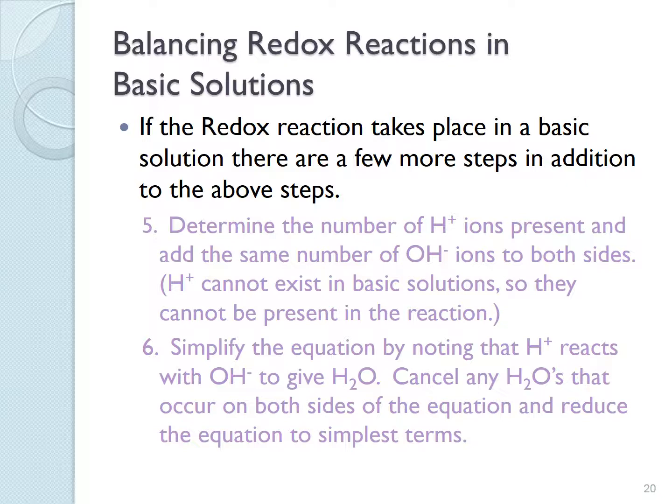So we're going to rewrite the OH- and H+ as waters. And then finally you just cancel H2Os because they'll end up showing up on both sides, so you can cancel them out, whichever one you have more of. So let's do an example using this method just to see how to do that.